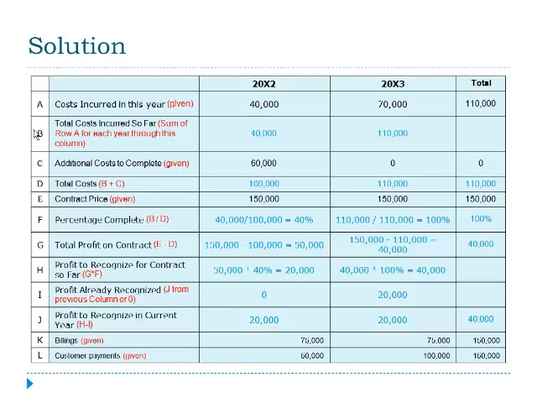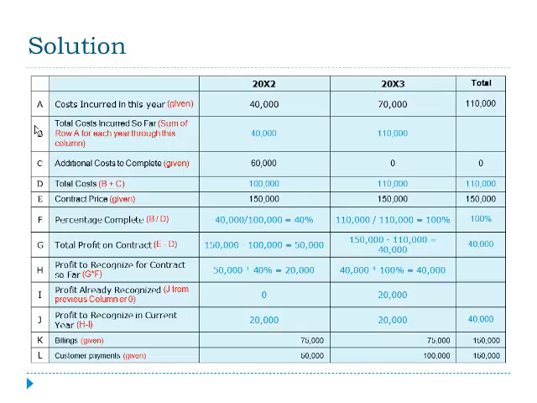Then let's go to 2003. This time, instead of actually having $60,000 of additional costs, we actually have $70,000 of additional costs. This means in row B, total costs incurred so far are the $40,000 from last year plus the $70,000 from this year for $110,000. There's no additional cost to complete because we're done with the project.